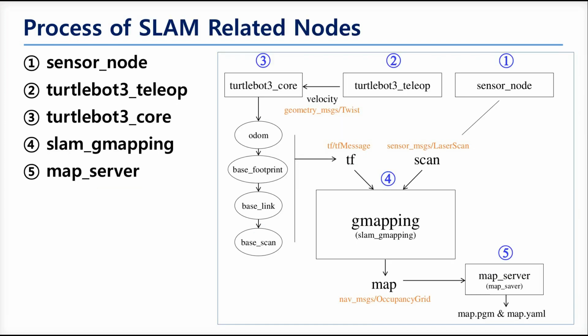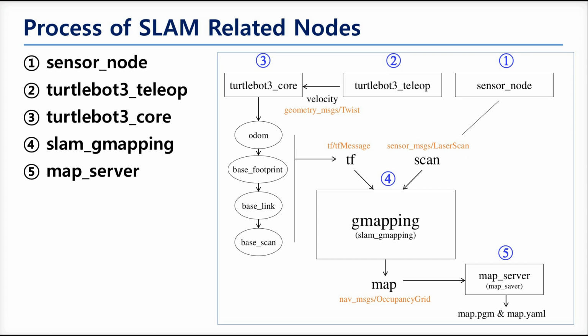So until now, we saw how SLAM works and what kind of results can be obtained. And from now, we'll learn the details of how it works. When the robot runs, the sensor node and the TurtleBot3 core node will be active. The sensor node is a LiDAR and publishes the scan data via the laser scan topic.